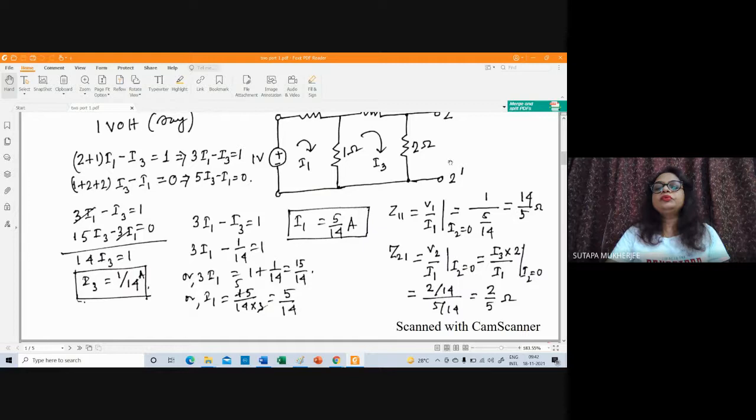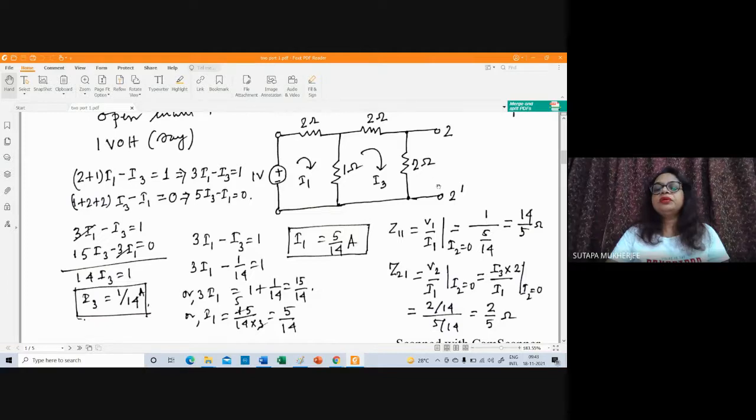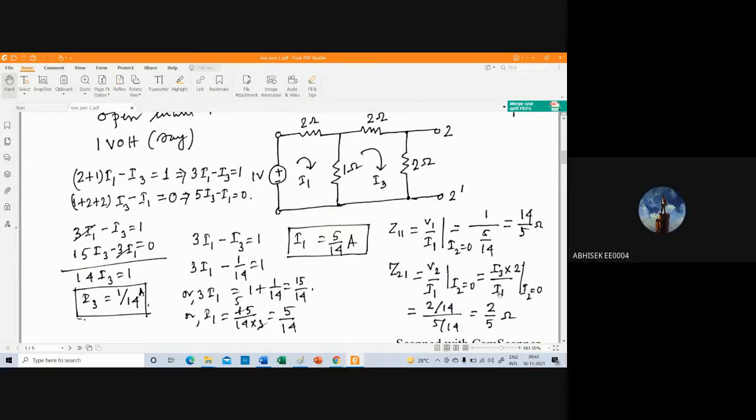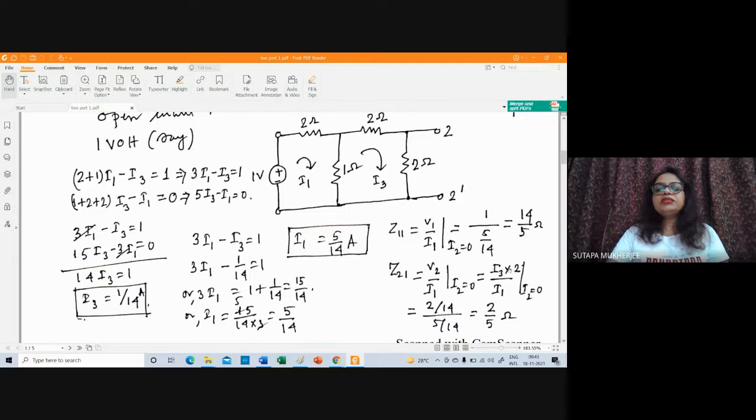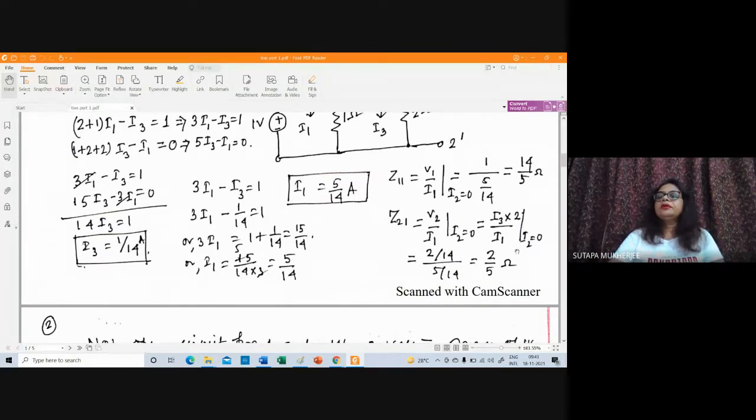I3 into 2. This terminal potential is V2. Is it clear? So I3 into 2, where I3 is 1 by 14. 1 by 14 into 2 divided by 5 by 14, that is 2 by 5. Fine?